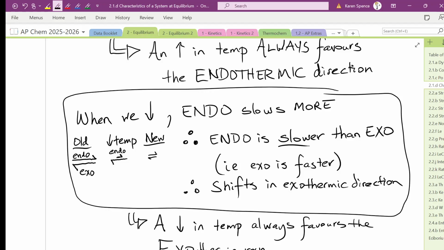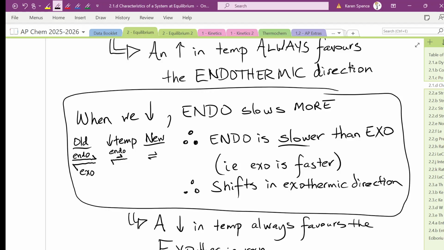LeChatelier's principle says, in general, and never give this as the explanation, whatever you do to a system, nature tries to undo. Okay? But never give that as an explanation, because is nature really trying to undo anything?